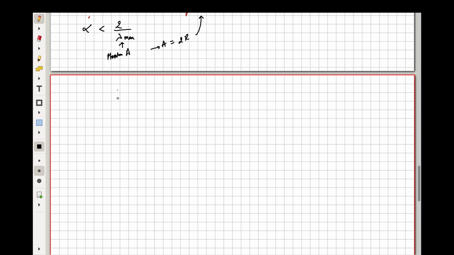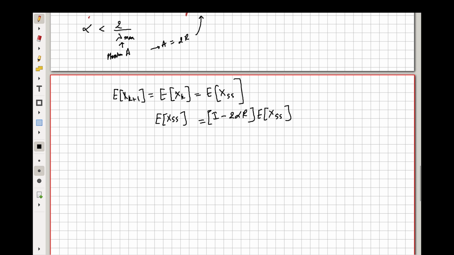So if we imagine E of x(k+1) is equal to E of x(k) is equal to E of x_ss, then let's write it down: E of x_ss is equal to (I minus 2 alpha R) times the expected value of x_ss plus 2 alpha h.